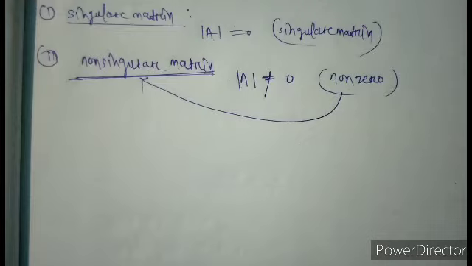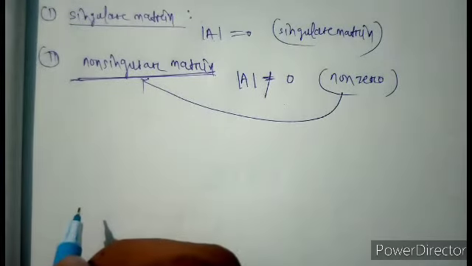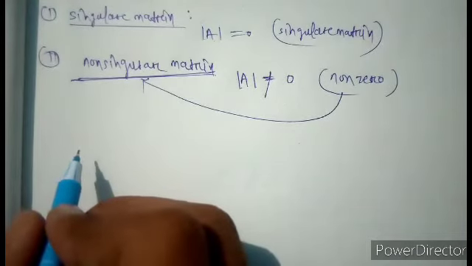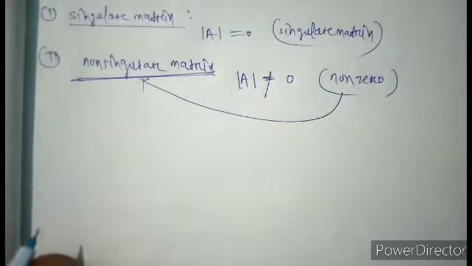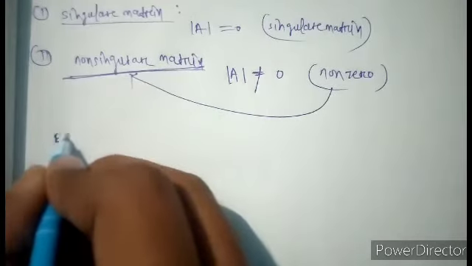Now we discuss the conditions for sum and multiplication. Before going to the sum, multiplication, subtraction and division, first we have to know what is the equality of matrix.